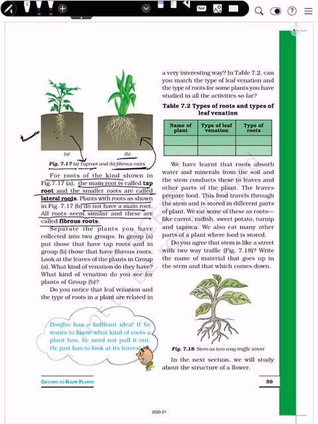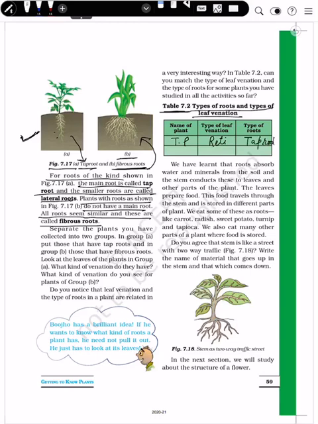So in table 7.2, types of root and types of leaf venation: if you take the example of a tomato plant, then the type of leaf venation is reticulate, and the type of root is taproot.